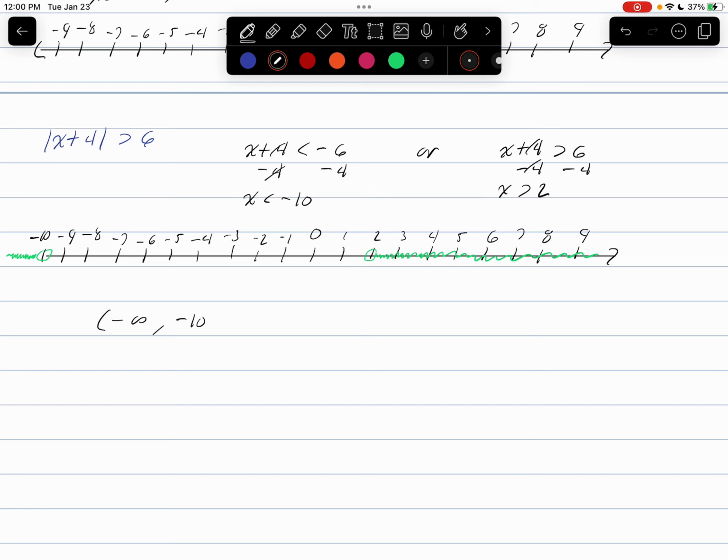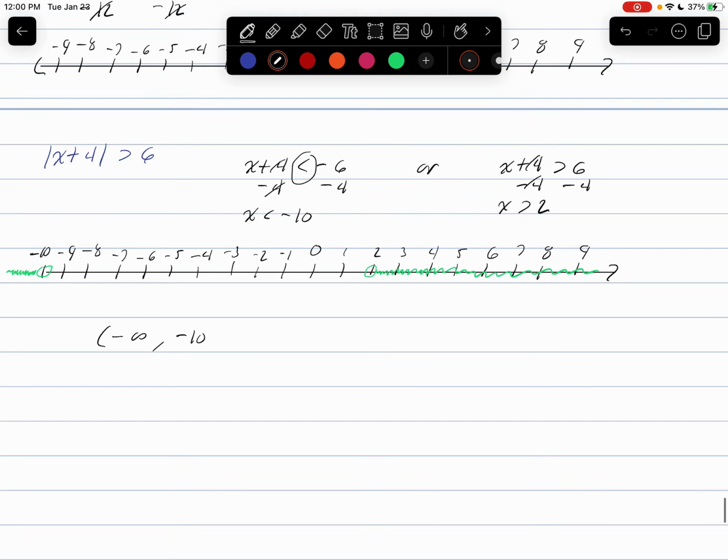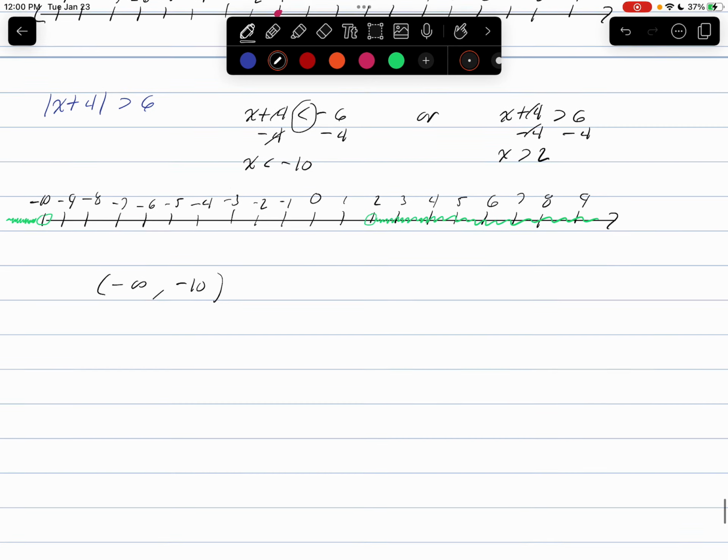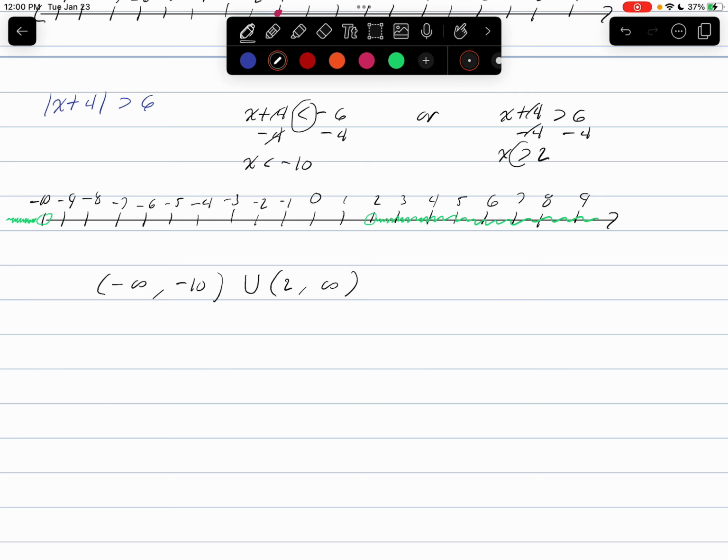We're not going to include the point -10 because we have a strictly less than sign, so we're going to use an open parenthesis here. Then we're going to union this with the interval from 2 to infinity. And again, we're going to have a parenthesis here because we're not including the point 2. This is because we have a strictly greater than sign.